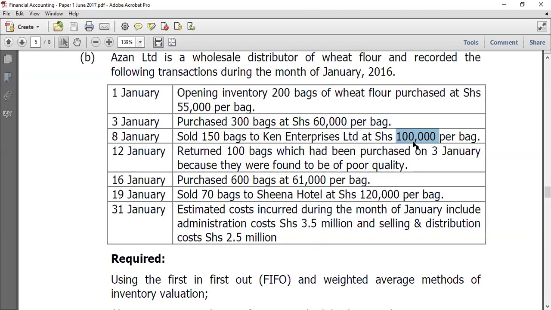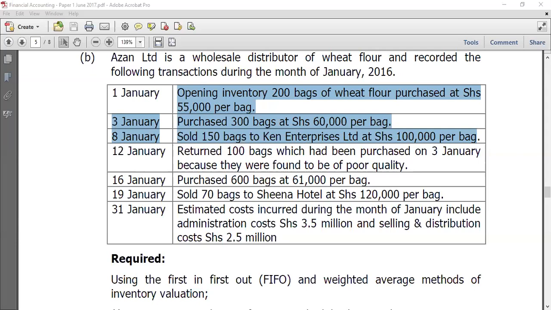Now, I want us to do something when it comes to AVCO. If we are using AVCO, what would we exactly have here? Let me open one of my Excels so we can get the principle.